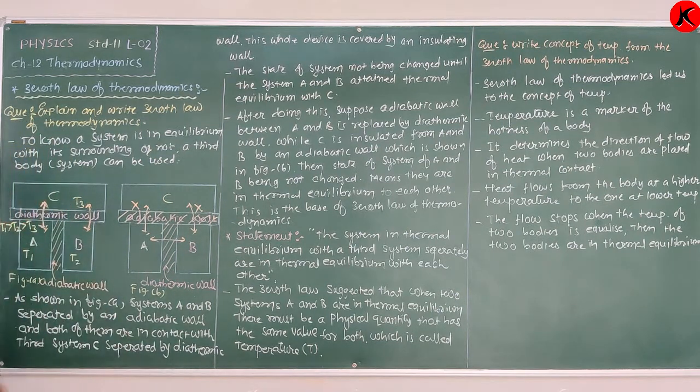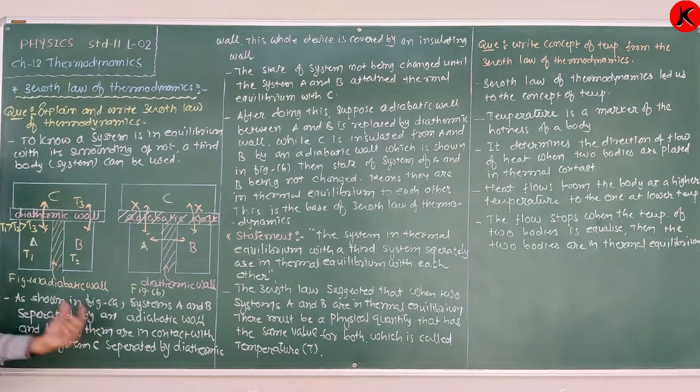Again, to know whether a system is in thermal equilibrium with its surroundings or not, a third body or system is used. Okay? Now, as shown in figure A, systems A and B are separated by an adiabatic wall, that means a non-conducting wall.